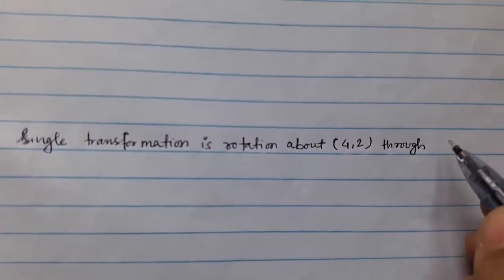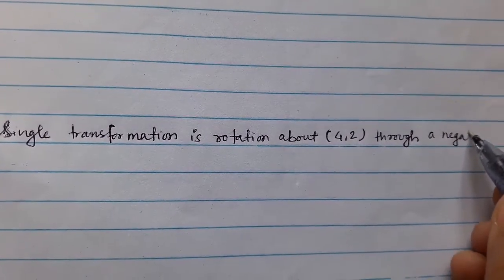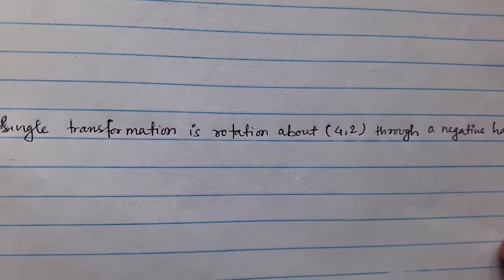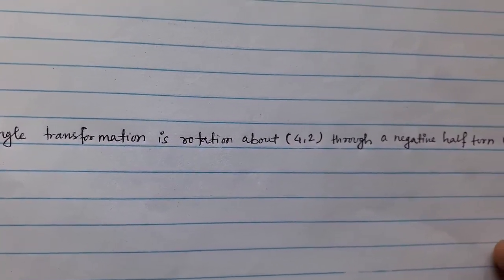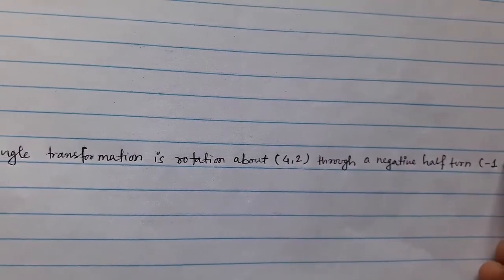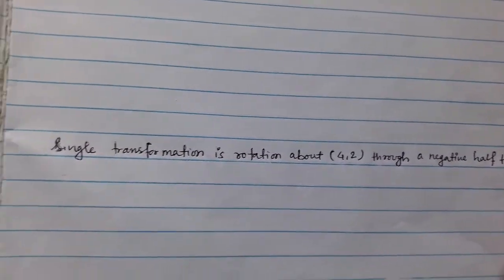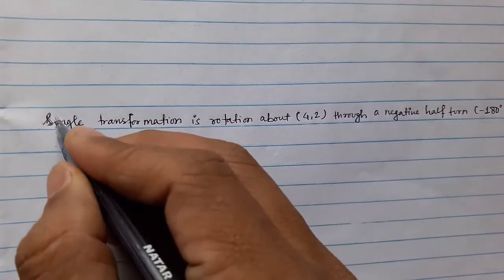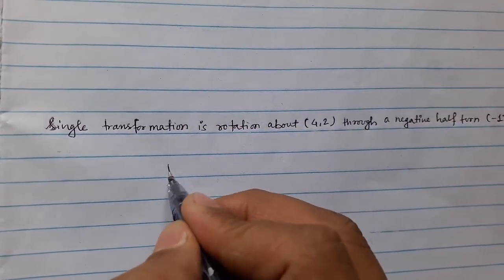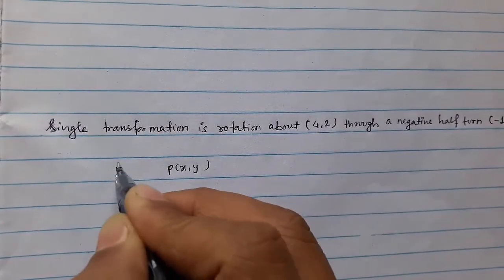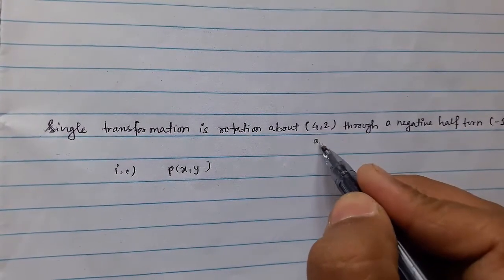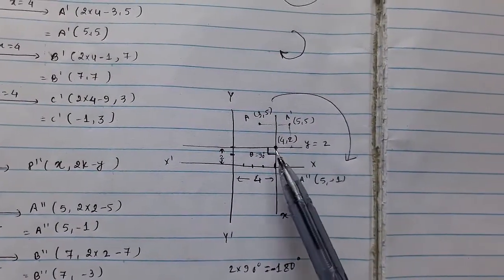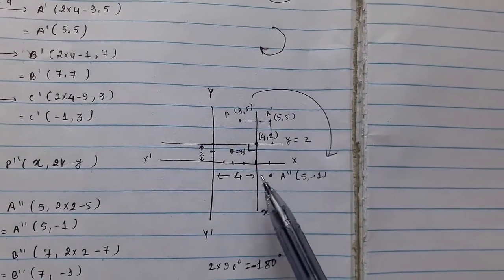Negative half turn means minus 180 degrees. To write it mathematically, this is P(x, y) and this is (a, b), because the axes are intersecting at the point (4, 2). So this is your center of rotation.